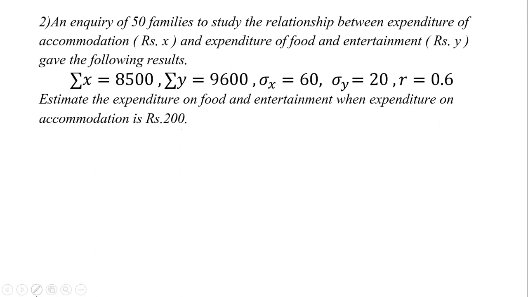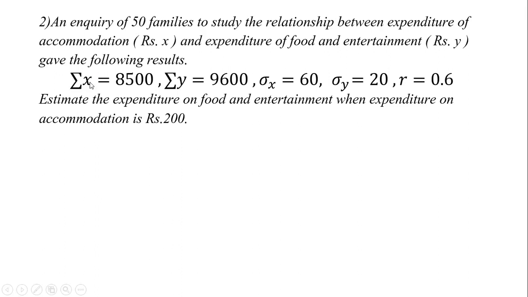Now it is the same as the previous example, but instead of giving values of x bar and y bar directly, here summation x is given, summation y is given, and an inquiry of 50 families, that is, the value of n is given as 50. So using sigma x and this value of n, we can find x bar.